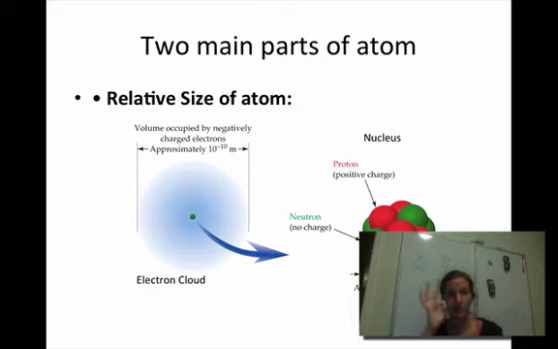If you put a marble right on that 50-yard line and imagine that was the nucleus, the closest potential electron would be at the goalpost. And between the marble and the goalpost would be absolutely nothing. Empty space. That is the atom.